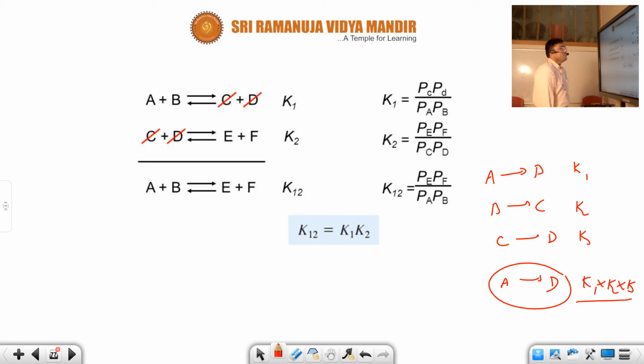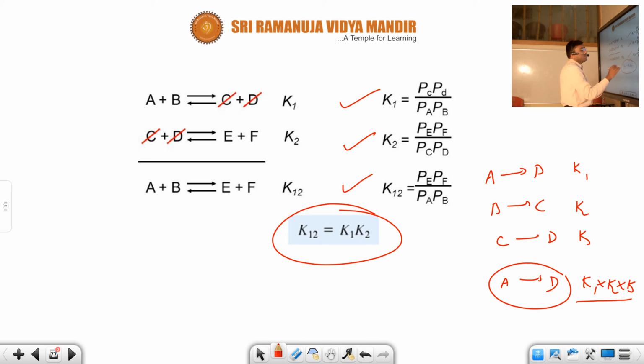So how do you know? Because it gets cancelled. K12 is equal to K1 into K2. So this is how you can wonderfully solve equilibrium questions, because when you solve, things get cancelled and you get the net reaction.